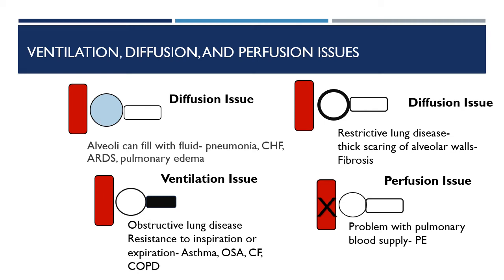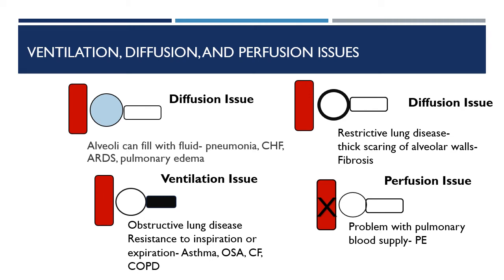What about a perfusion issue? Nothing to do with the lungs themselves. Well, what about a pulmonary embolus? So typically pulmonary emboli occur because a piece of a DVT has broken off, so a deep vein thrombosis in your leg. So a piece has broken off and traveled up the inferior vena cava to the right ventricle, and then it has been pumped into your pulmonary arteries, and then become blocked in the pulmonary vessels.